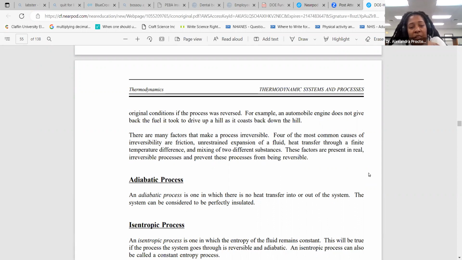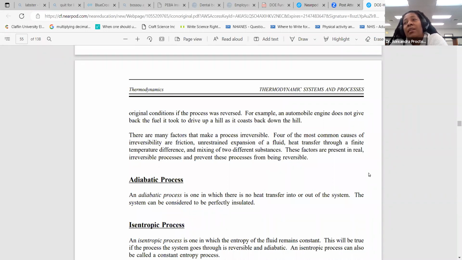For example, an automobile engine doesn't give back the fuel when you drive up the hill. And even more so than that, when they think about imaginary versus real, we can't say every single bit of that fuel is converted to work.